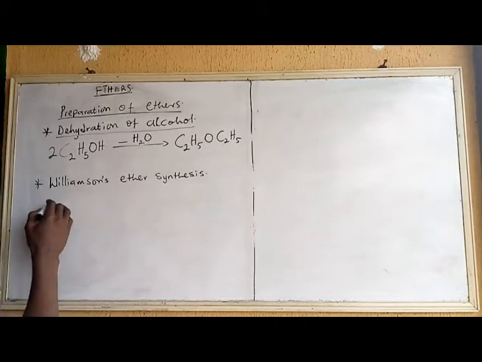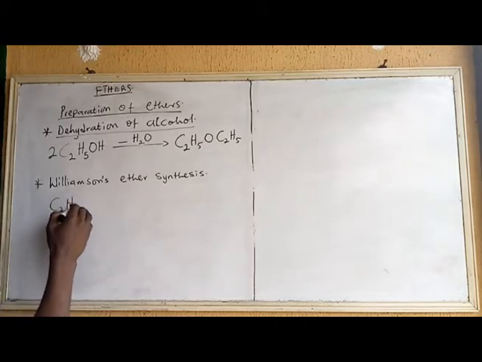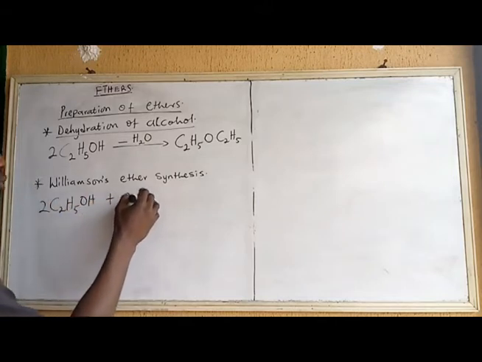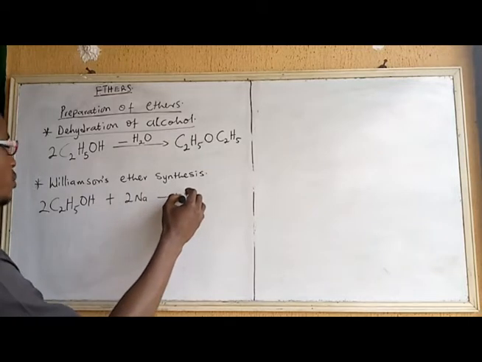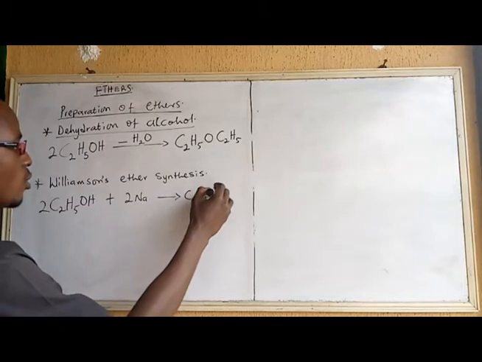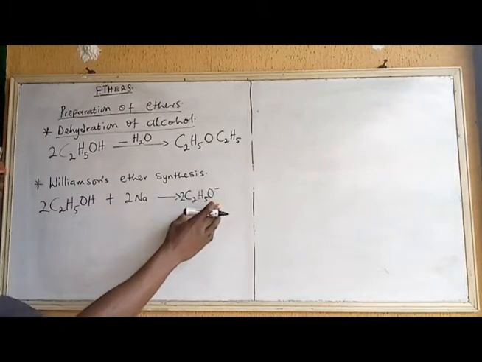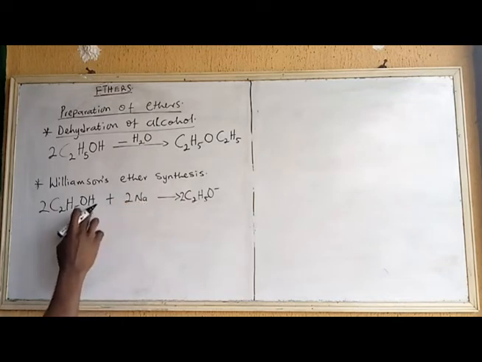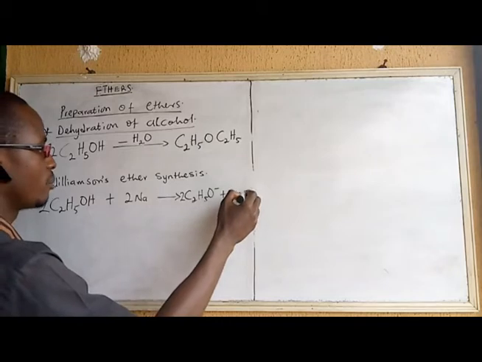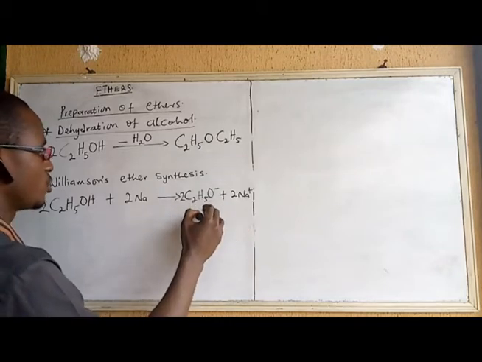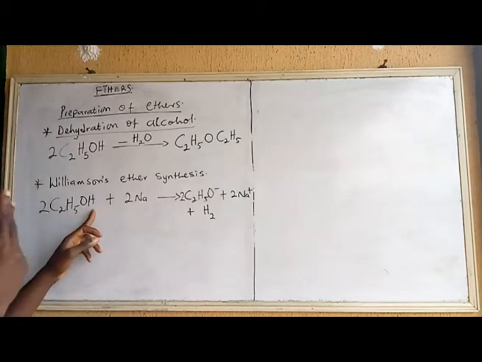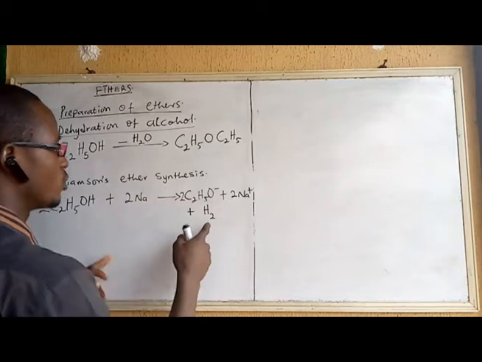We have C2H5OH, ethanol, plus 2 moles of sodium to produce C2H5O-, the alkyl oxide ion, because the sodium has snatched a hydrogen from the chain, plus 2Na plus H2. Hydrogen gas is also produced because hydrogen is removed from 2 moles of ethanol to produce H2.